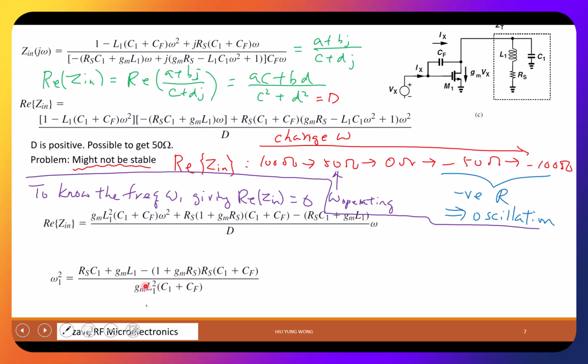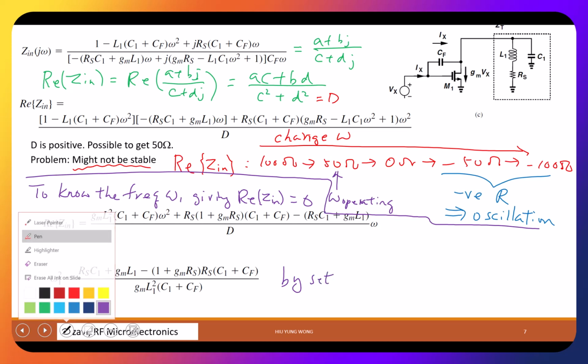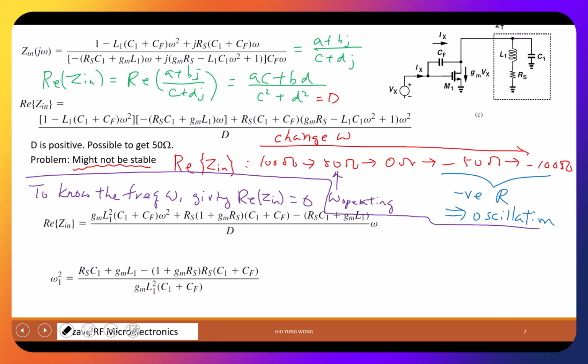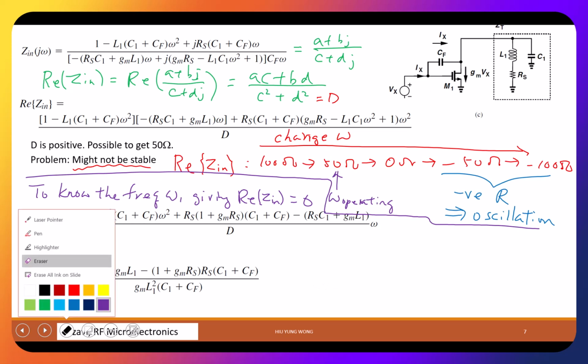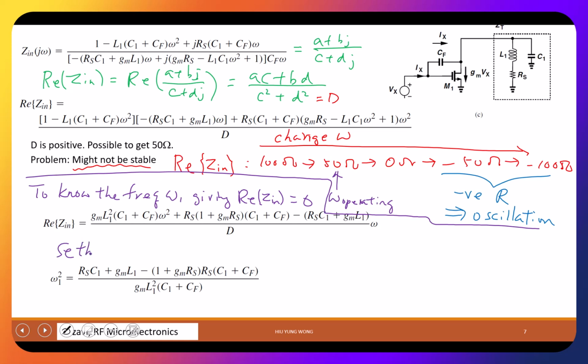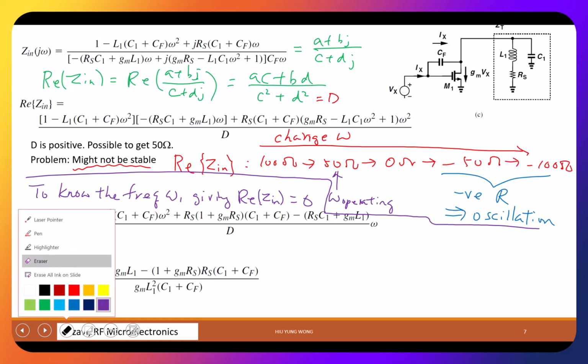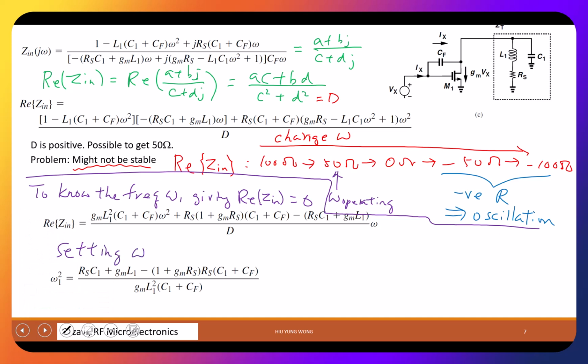If you go to this regime or that regime, you got this by setting the numerator to 0 to find omega 1.